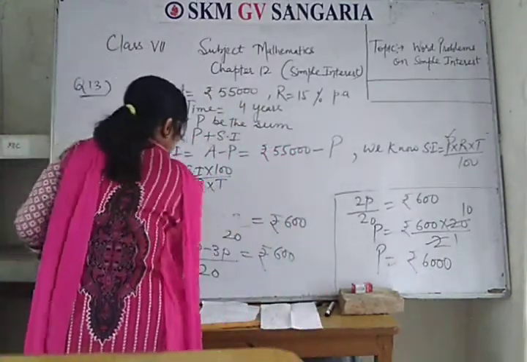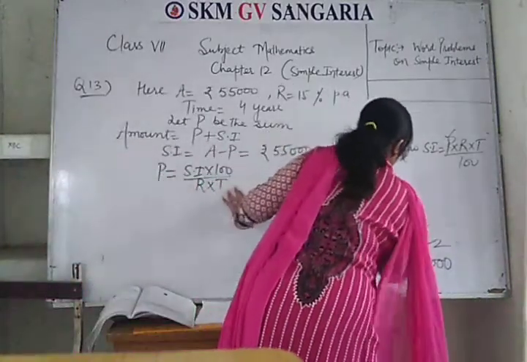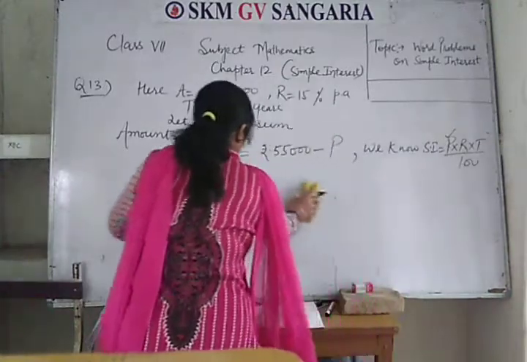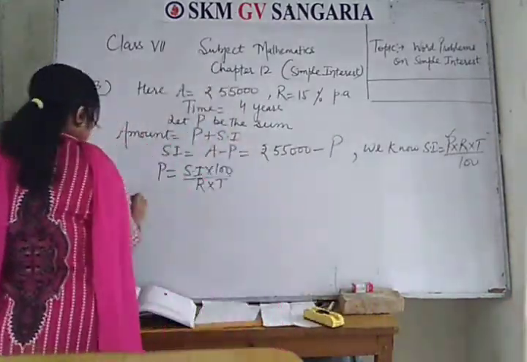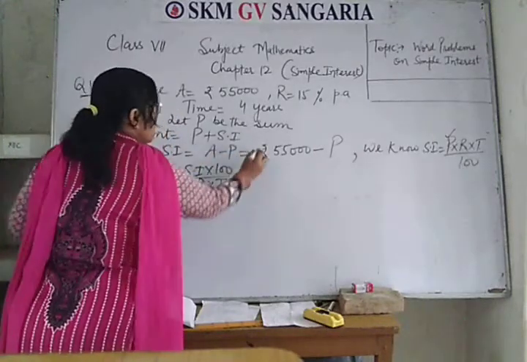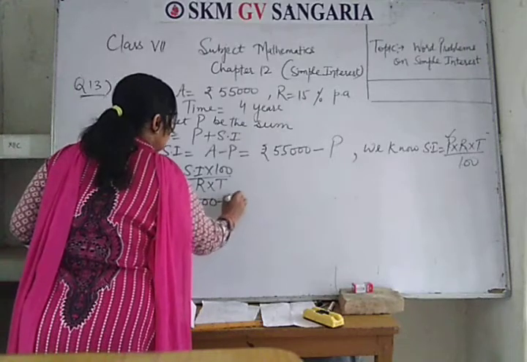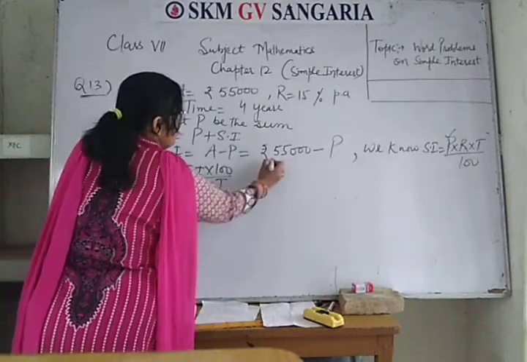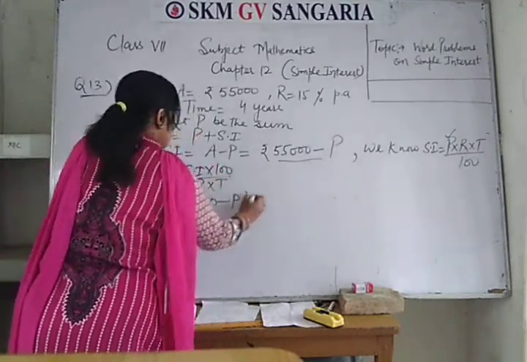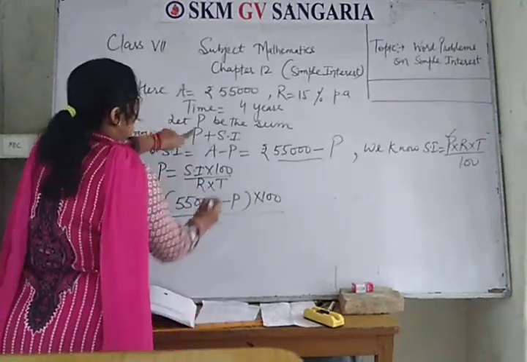P is equal to simple interest. Simple interest was this much, 55,000 minus P, this is the simple interest, into 100 divided by R. R, how much?